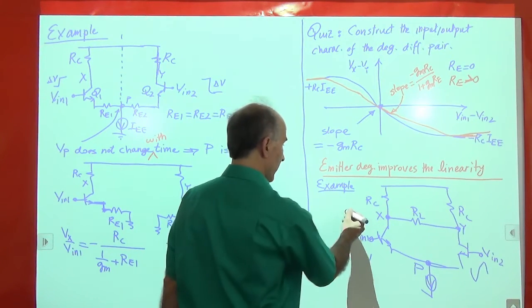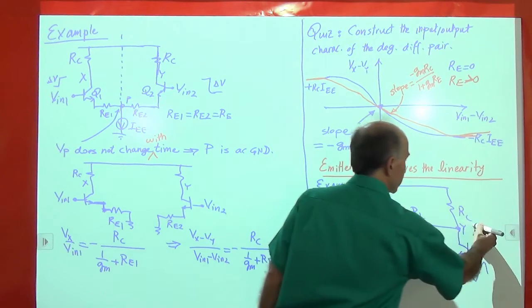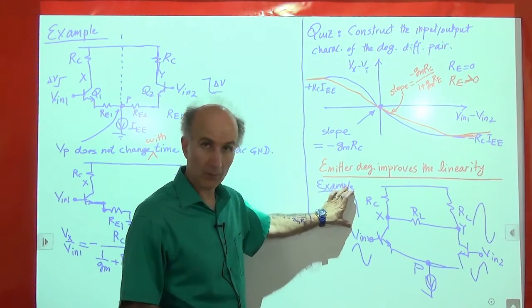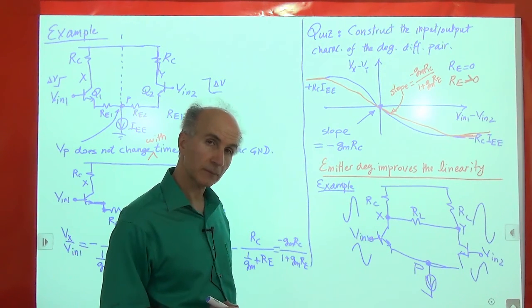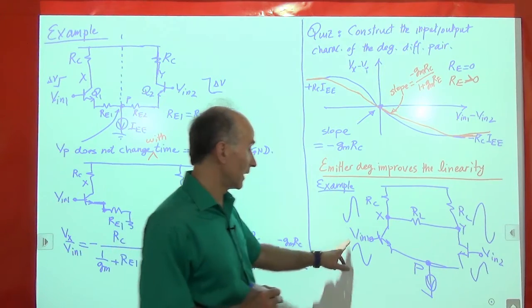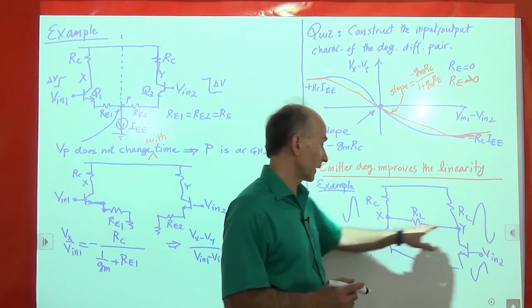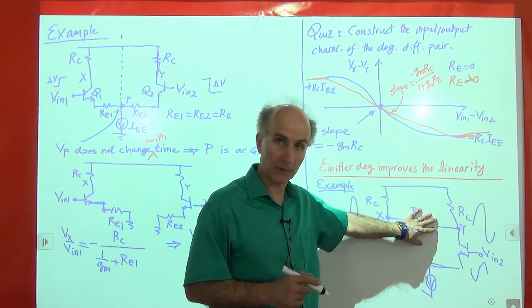So Vx will do this, and Vy will do this. I drew these taller because there is probably voltage gain from the input to the output. So if V in 1 and V in 2 are differential, so are Vx and Vy. Whether we have this resistor or not doesn't make any difference.